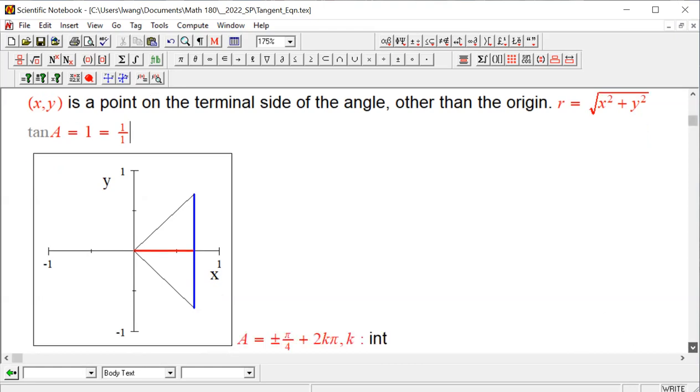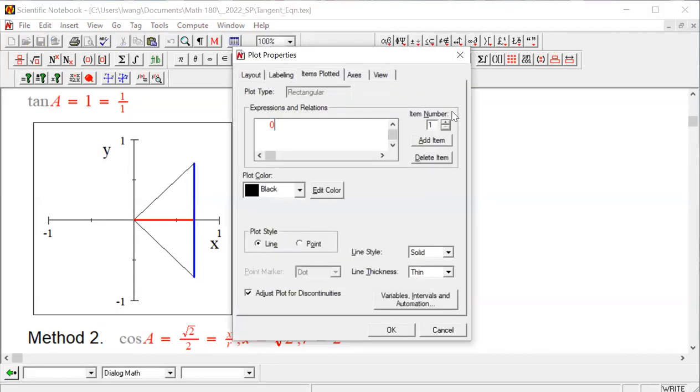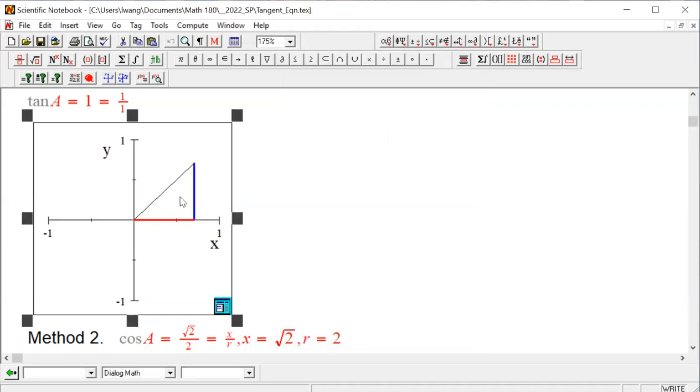Now, of course, this picture is not relevant. This is a picture we did for cosine, right? So we need to move these to the other side. To draw the picture, I'm going to do some removing. And that's it. So this is one terminal, right?